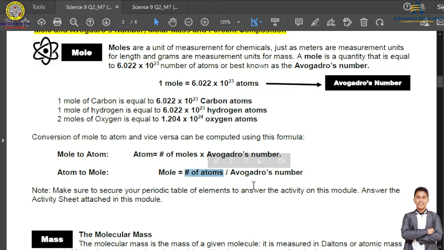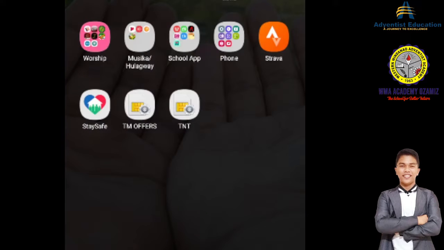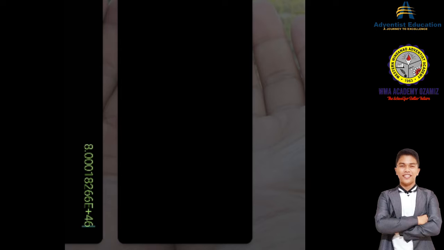So shall we try? As I told you a while ago, this conversion is very simple. The problem here is if we do not know how to input this in our calculator. So for example, let me look for my calculator.